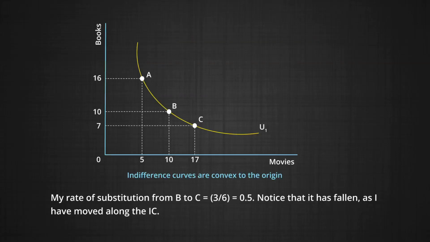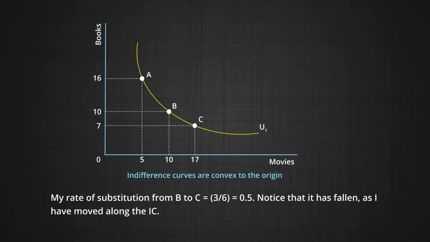If I now move from B to C, once again my total utility remains unchanged because I am on the same indifference curve, but I am now consuming 15 movies and 7 books. I have only given up 3 books for 5 movies. My rate of substitution from B to C is 3 divided by 5, which is 0.6.